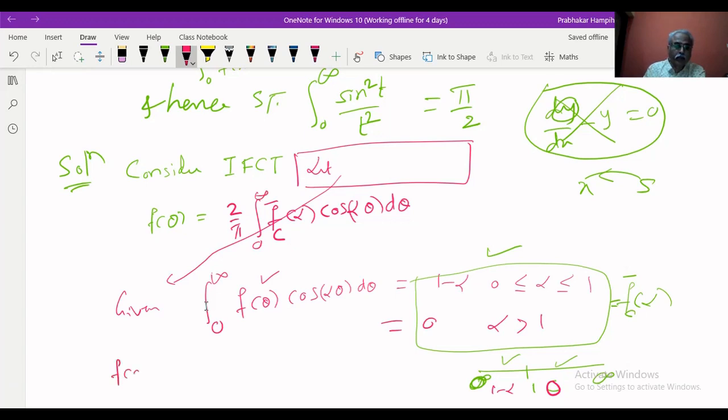So now f of theta takes the form 2 by pi, integral 0 to 1 plus 1 to infinity. In the 0 to 1 range, the value is 1 minus alpha, and the cosine function as it is.